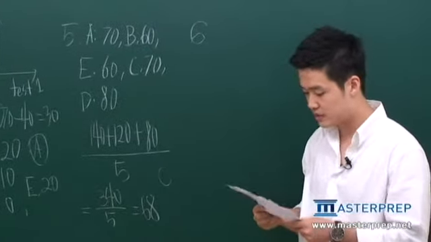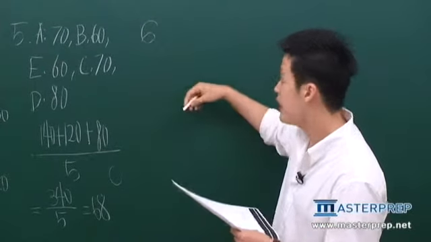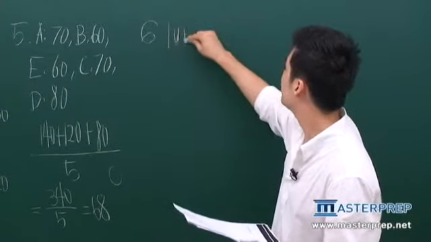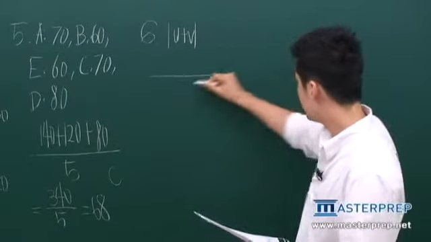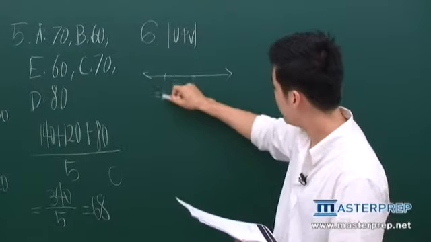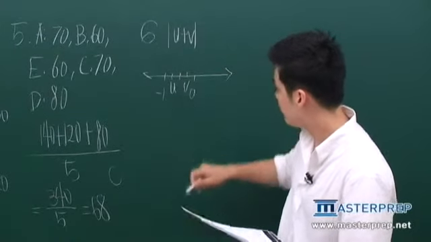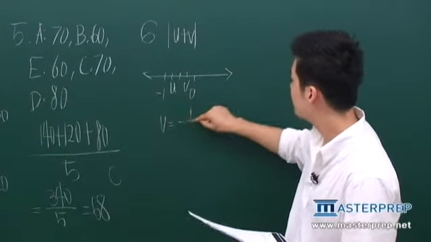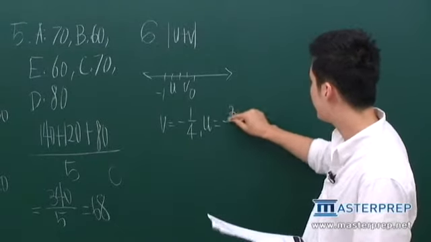Let's look at number 6. We want to find the value of u plus v. Looking at the number line, u and v lie between -1 and 0. So v must be -1/4 and u must be -3/4.